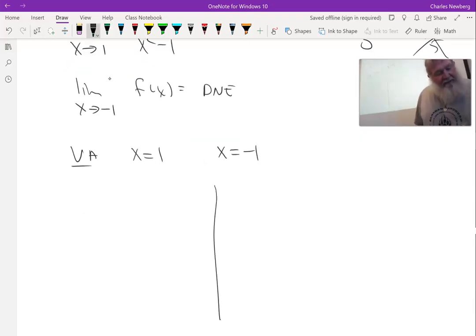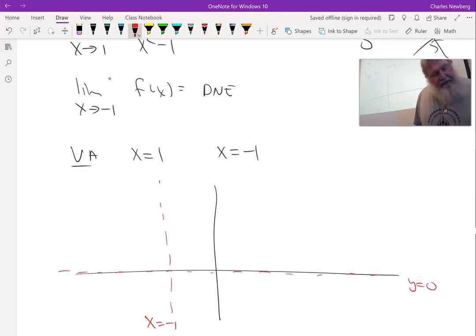If we thought about graphing it real quick, we know we have a horizontal asymptote, y equals 0. We know we have a vertical asymptote, x equals -1, and x equals 1.